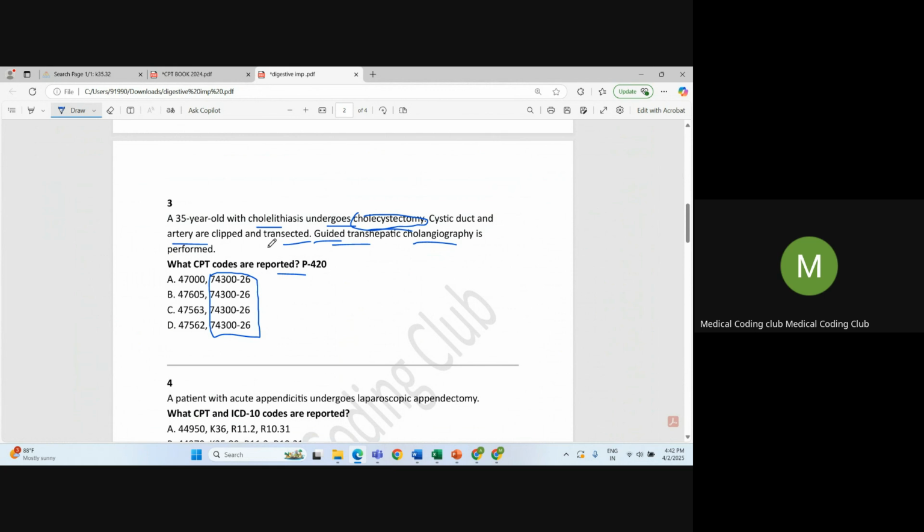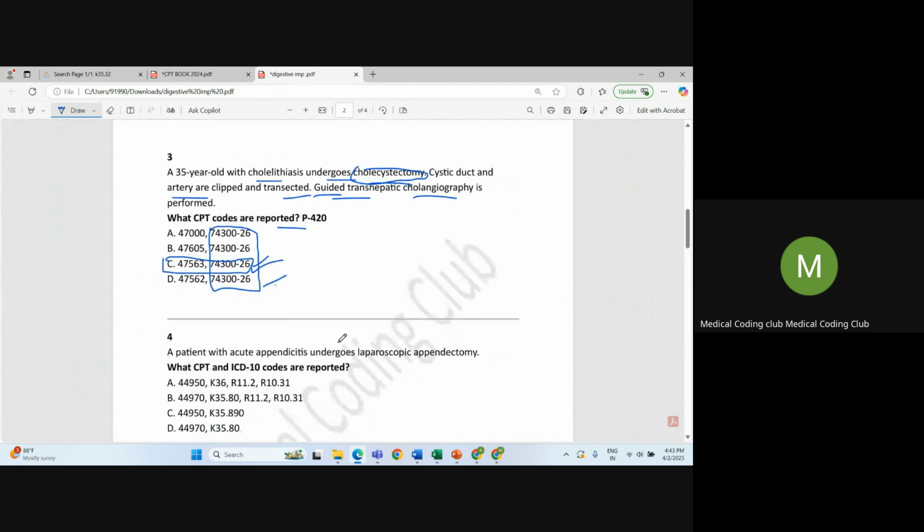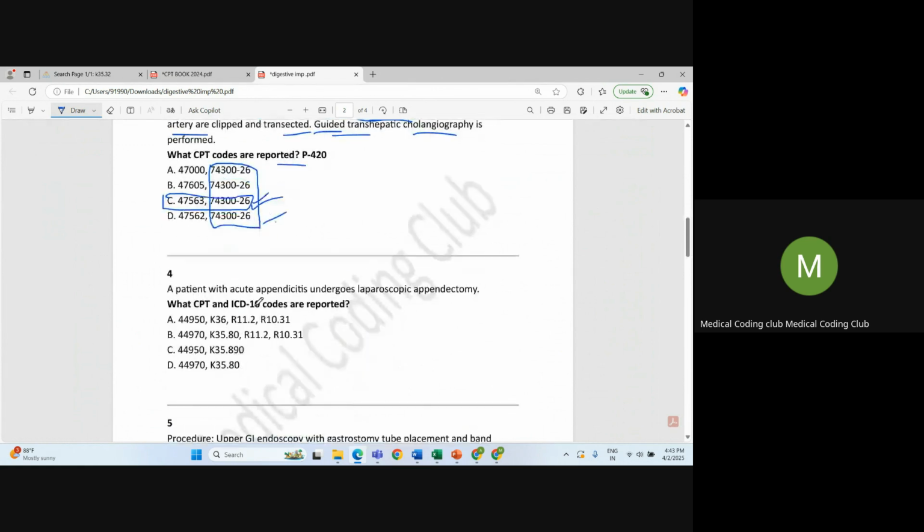So the radiologic thing is also in the question; we have a shortened question here because it's a student's keywords, right? So we have to navigate and then extract the question from the mock papers. So you can just check 74300. Correct answer is option C. These are all important questions.